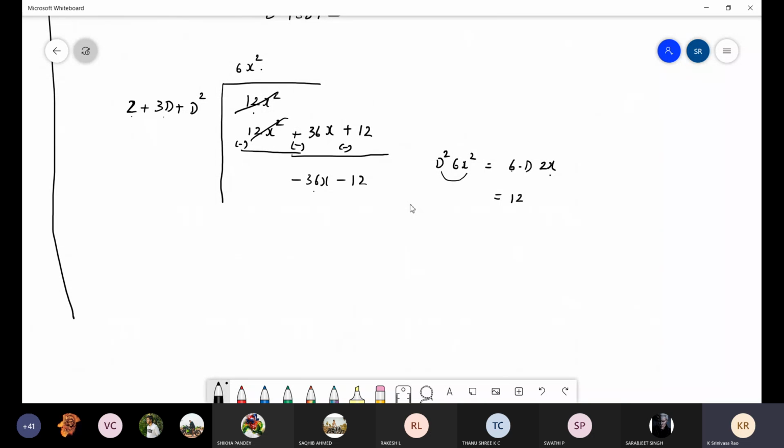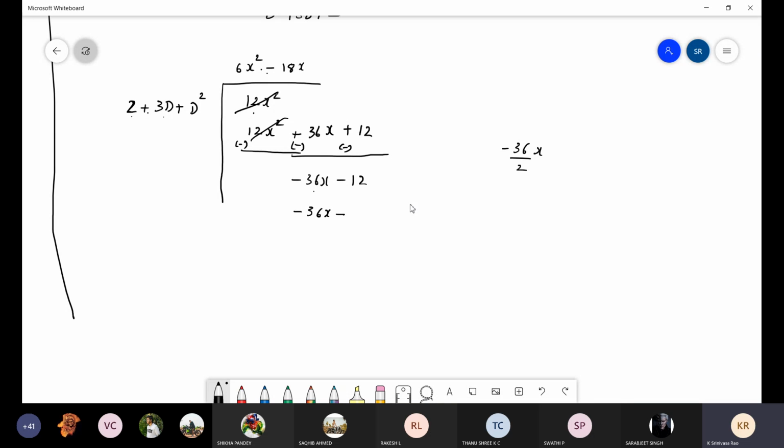Minus 36 divided by 2, first term by first term, so that is minus 18. Write minus 18 here. Now multiply 2 into minus 18 is minus 36x.